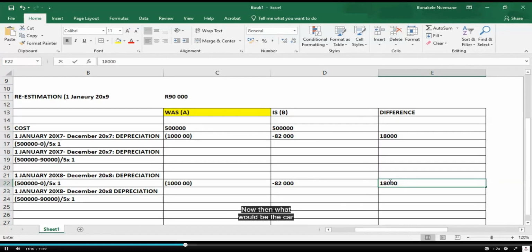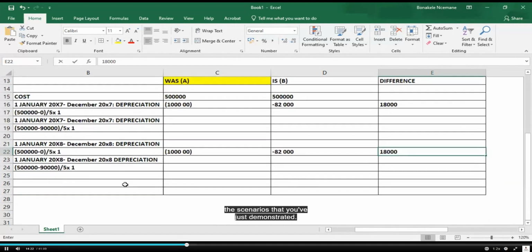Now, what would be the carrying amount difference at the beginning of the year, given the scenarios we've just demonstrated? The carrying amount at the beginning of the year in the old method is 300,000, because 500,000 less the first depreciation of 100,000 and the second depreciation of 100,000 results in a carrying amount at the end of 20x8 of 300,000.